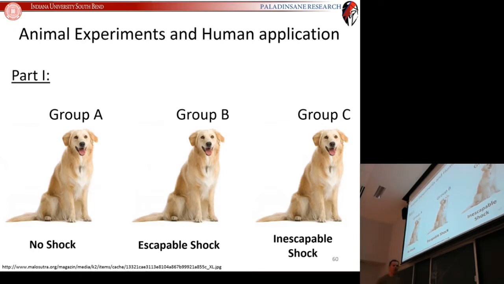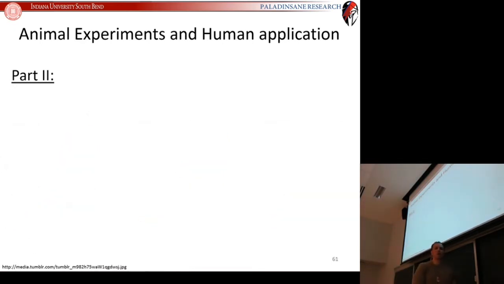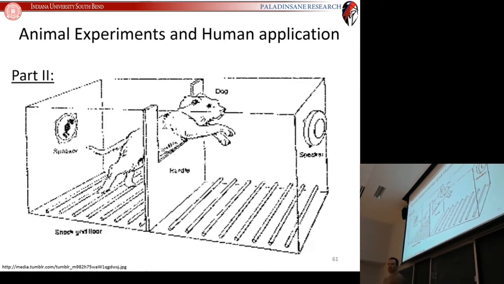And then part 2 looked at how these dogs were going to learn in a new environment, a new situation. So he placed them into what's called a shuttle box. This shuttle box had two separate compartments separated by this hurdle here.